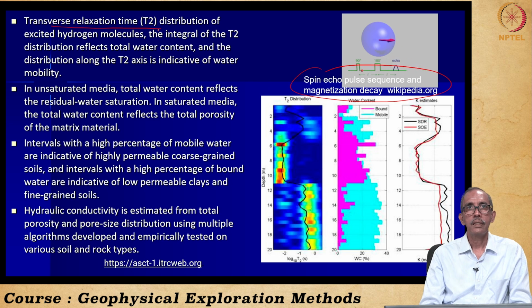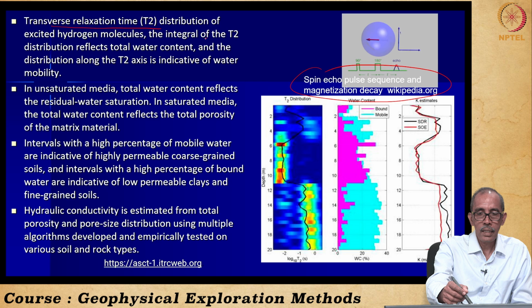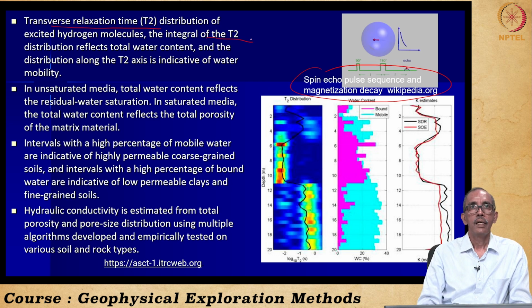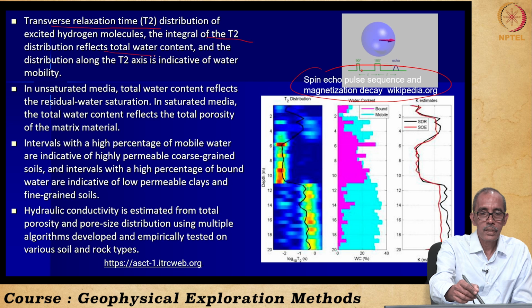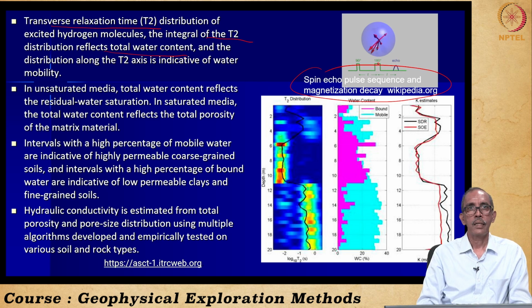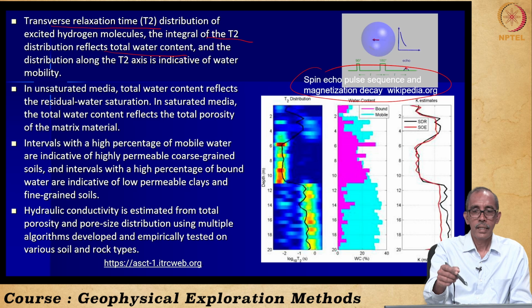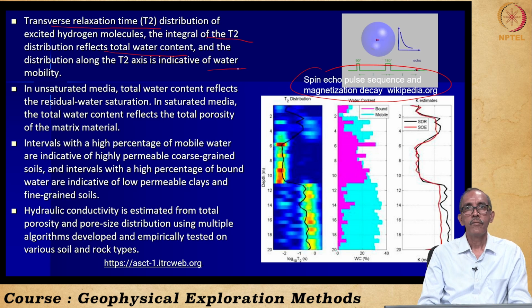The integration of the relaxation time gives the total water content, and the distribution along the axis indicates the water that is in mobile form. That means bound water and the water in mobile form can be distinguished by this method.